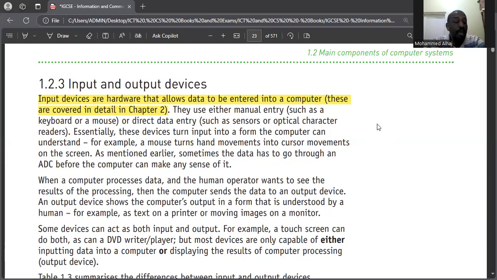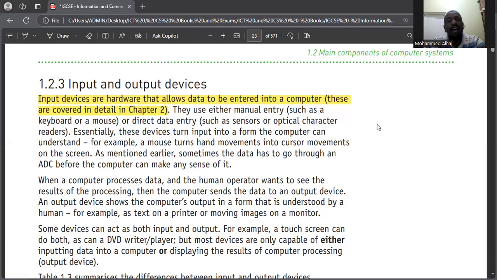But in a simple way, if we want to differentiate between these two types of devices, we can easily say that the input devices are the devices that allow us to enter data into the computer, whereas the output devices are the devices used to retrieve information from the computer.